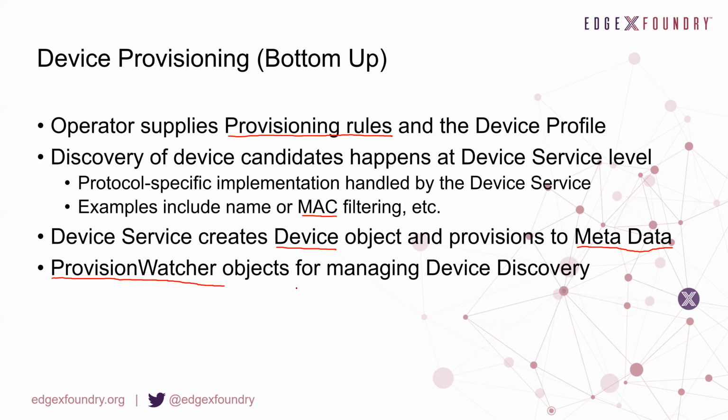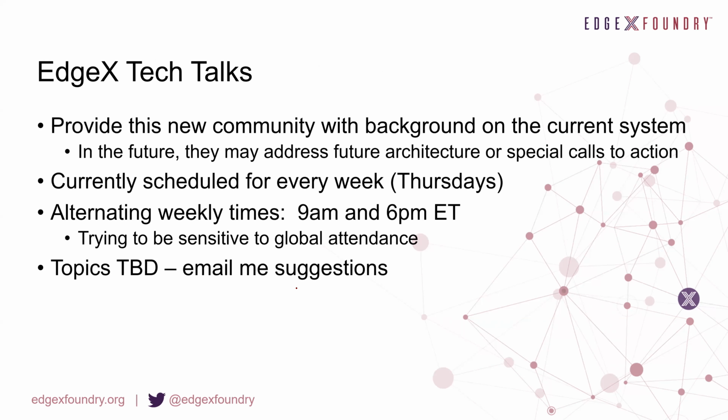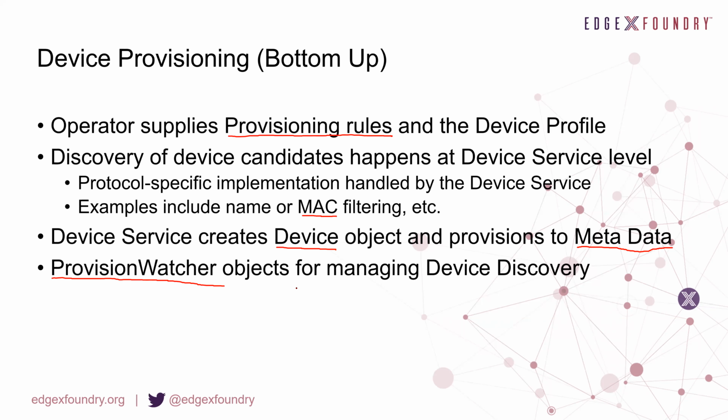So it's a pretty simple thing here, but this allows you to set, let's say you want to add any Bluetooth device that has a certain name, a certain MAC space, and you've got some rules about, okay, it has to be able to respond to these commands in a certain way. You've got to have some authentication. You can define all those things at the device service level in order to set rules about what you're adding to your system.